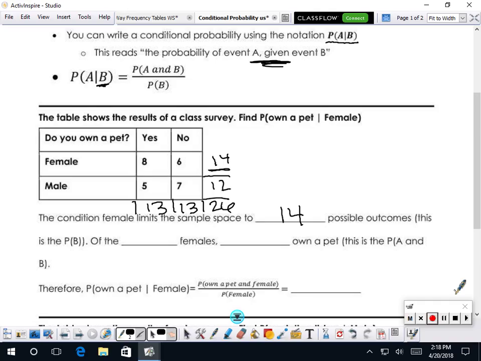Okay, this is the probability of B. So, of the 14 females, okay, we go to how many own a pet. So, females that own a pet, there are 8. So, of the 14 females, 8 own a pet. This is the probability of A and B.